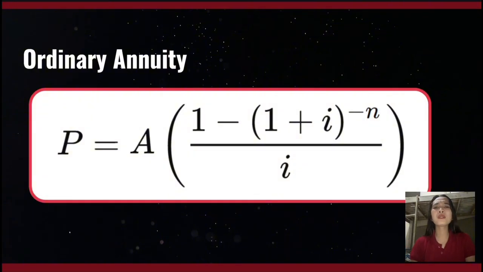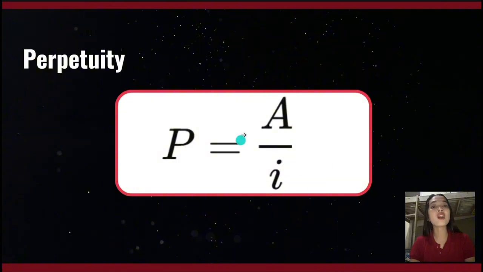But in perpetuity, the number of years is infinite. So what happens to 1 plus i raised to the power of negative n? It becomes a very small number, right? It becomes 0. So that's why the annuity formula simplifies into P equals A over i.